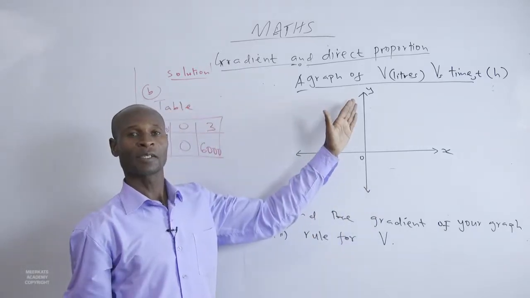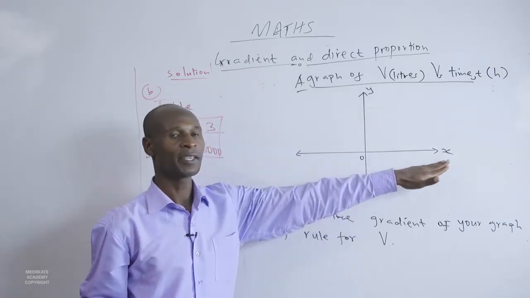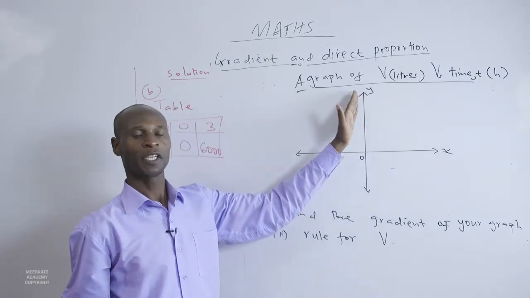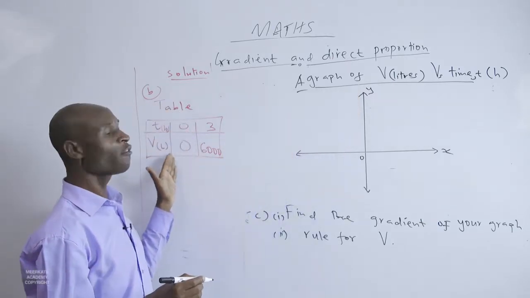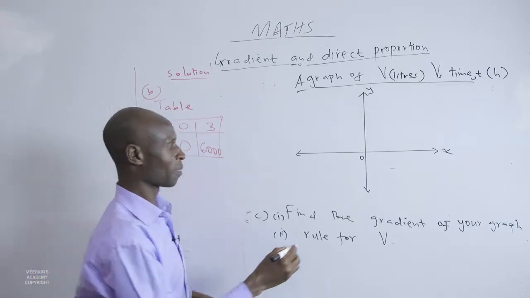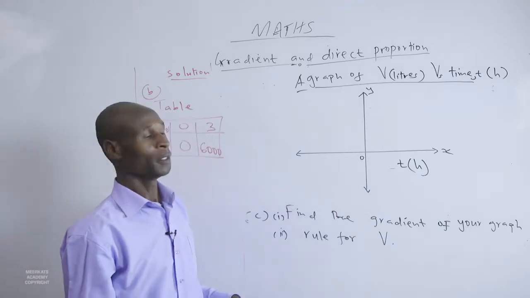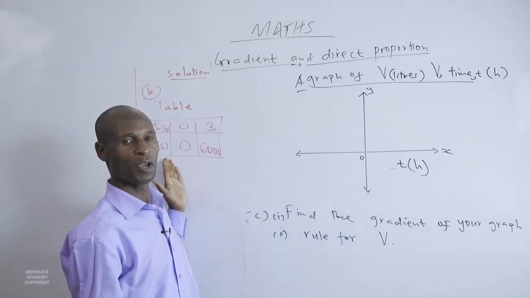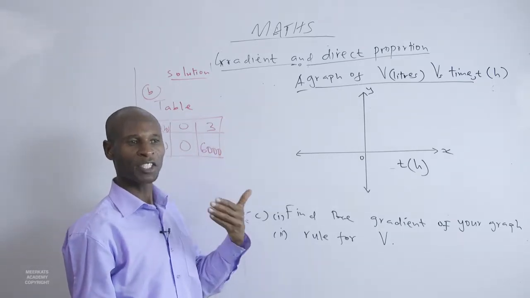Our graph has a y-axis and an x-axis. The x-axis is for the independent variable. The y-axis is for plotting the dependent variable. In our table of values, the independent variable is time. And therefore, the dependent variable is volume, because the volume of water inside the tank depends on the time.